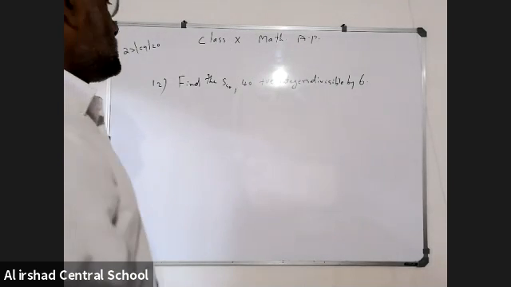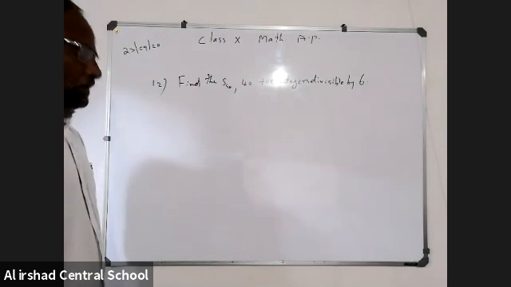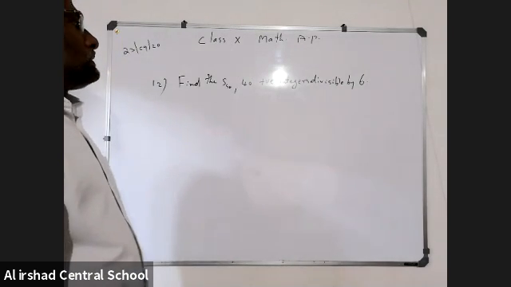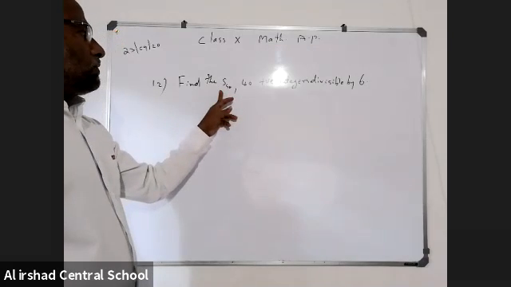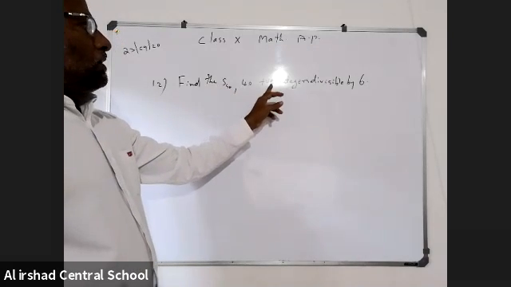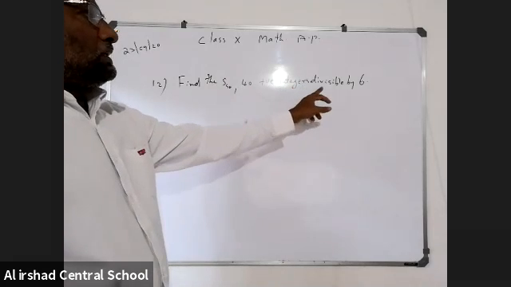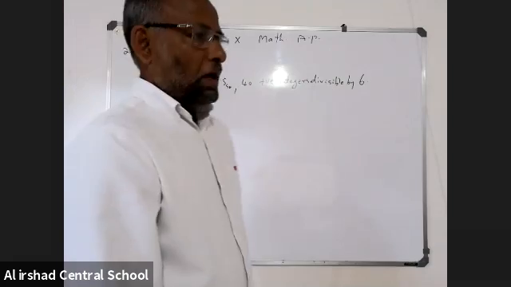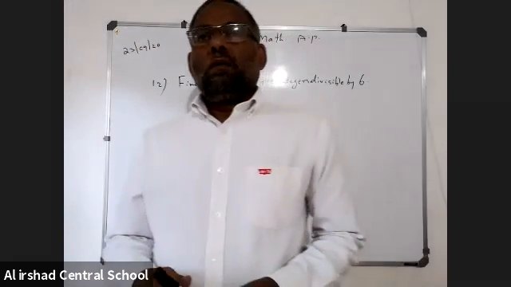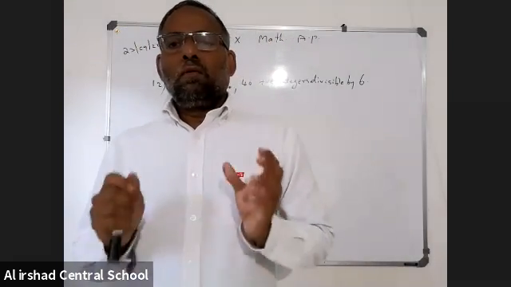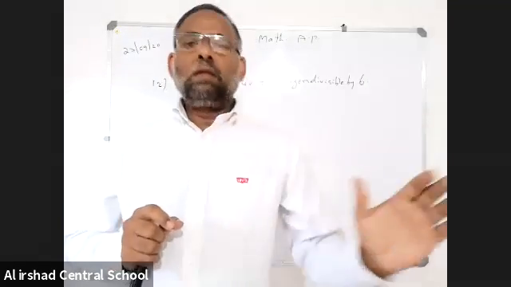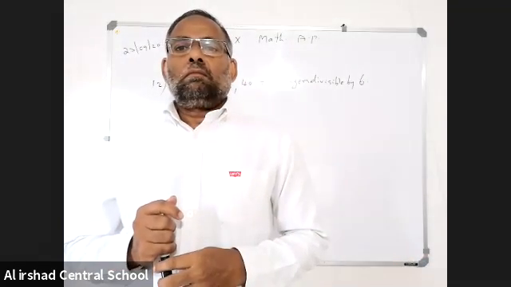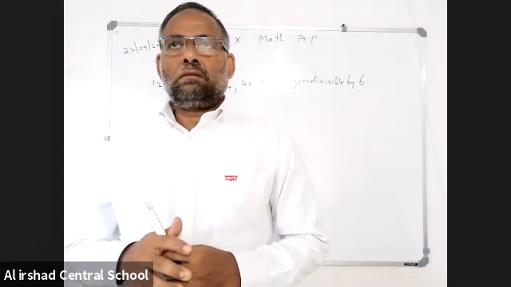How can you do this? All of you write the question first. Find S40, the sum of the first 40 positive integers divisible by 6.